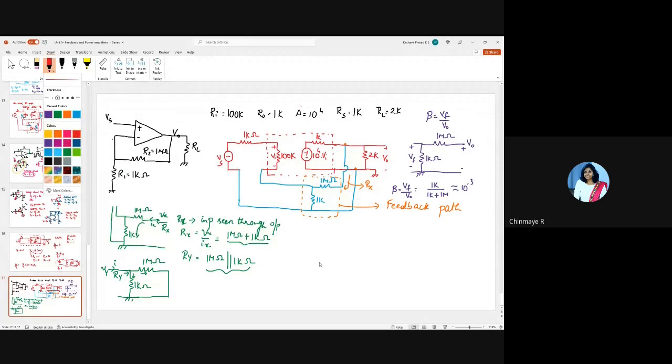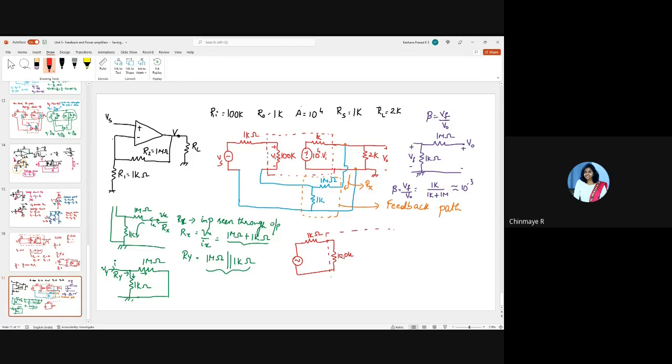So let's do it here. You have Vs. So you have 1 kilo ohm, and then you have 100K. This is the amplifier part basically.